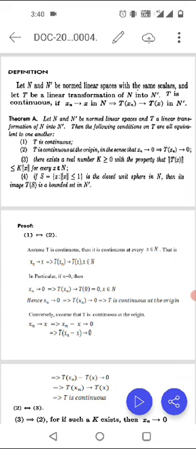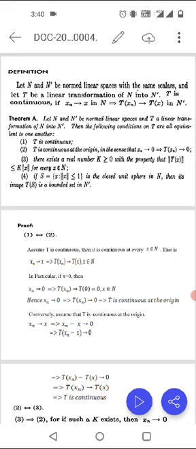The first case, T is continuous. Second case, T is continuous at the origin, that is, xn converges to 0 implies T of xn converges to 0.